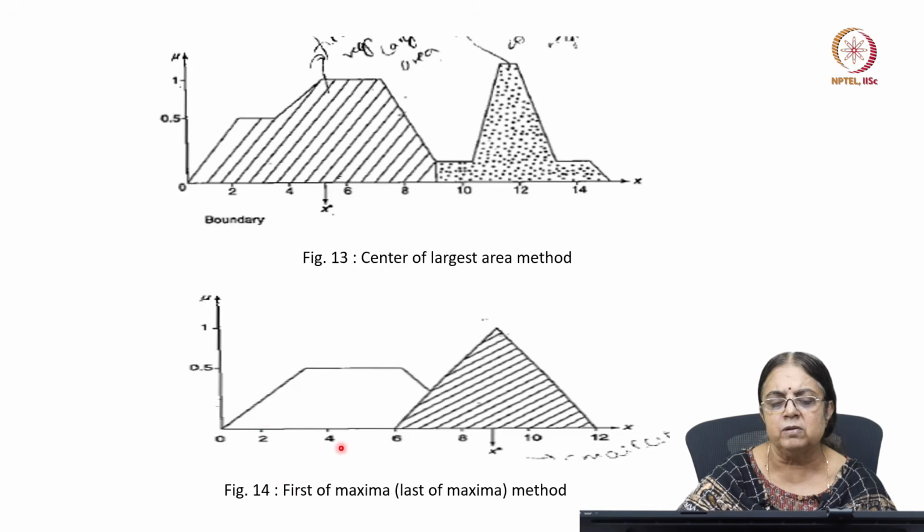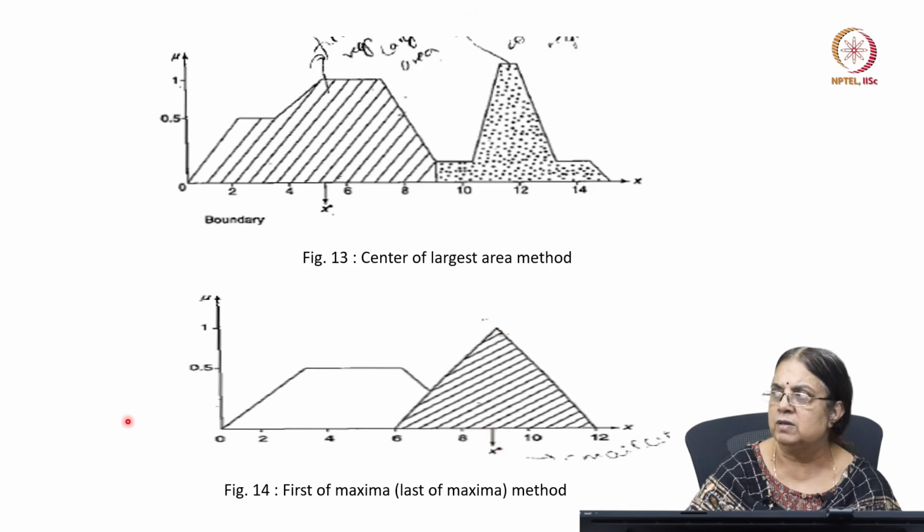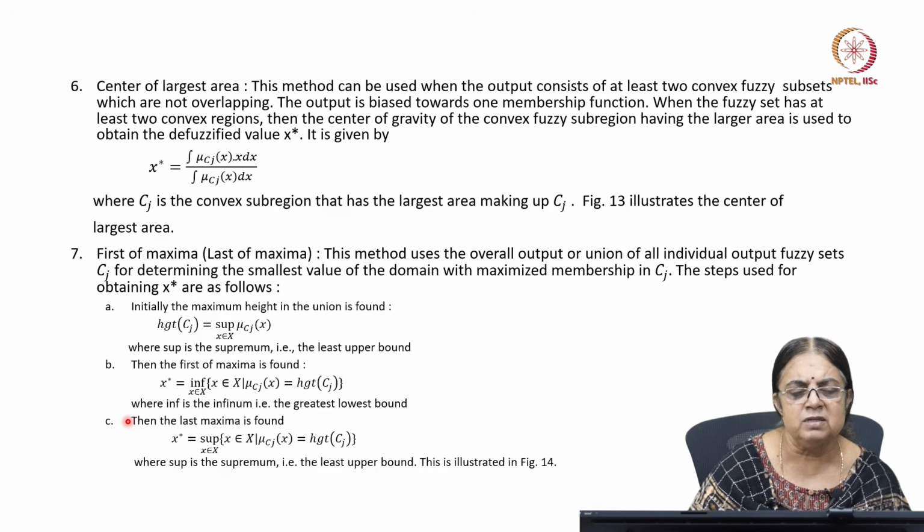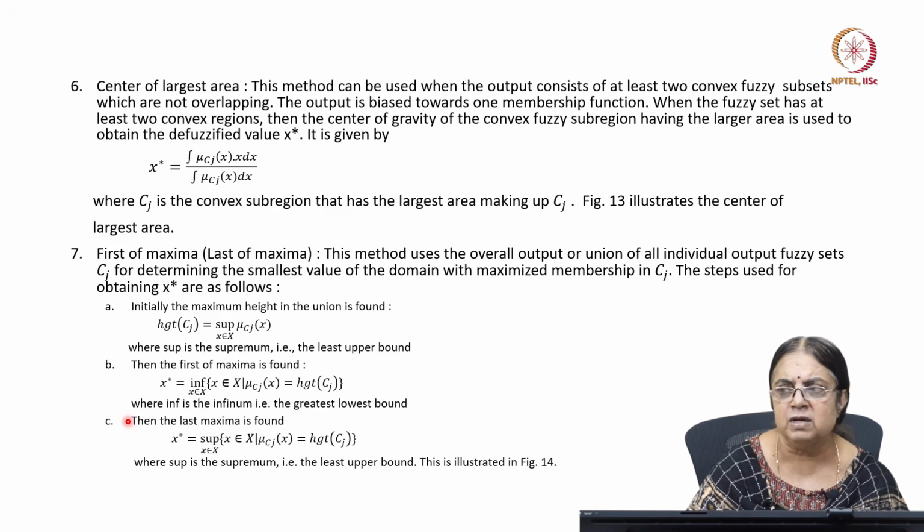So if this is the last one, you can find the maxima of that, and that will give you the value that you are actually looking for. So these are all different methods for doing defuzzification.